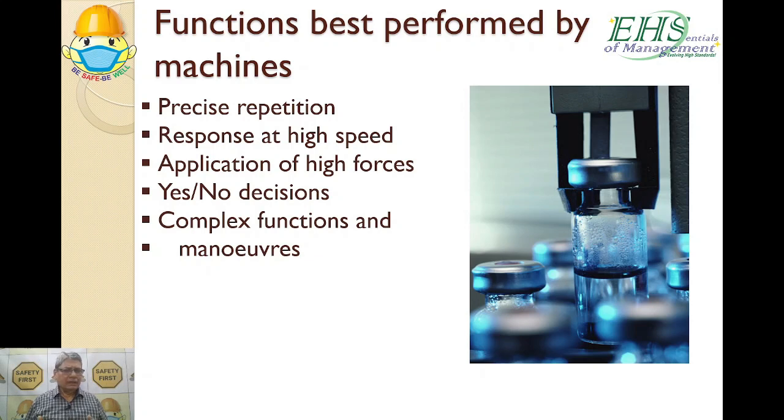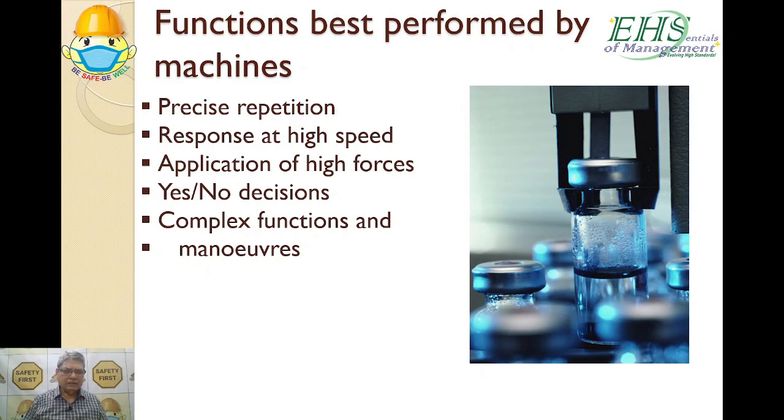Application of high force: again we have body limitations, there is a limit to the force you can apply with your hands or your body. Then where yes-no decisions are required, meaning select or reject certain products, or where a product may pass on to different channels, a proper channel will be selected and the product will go in that channel. Then complex functions: there are many complex functions for which our body, our hands, our fingers have limitations.